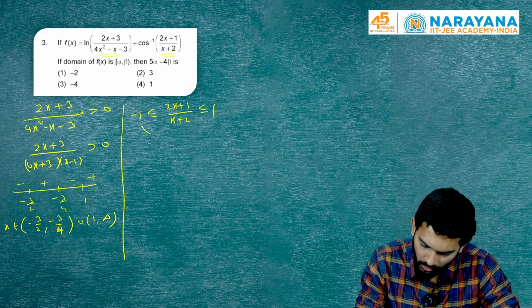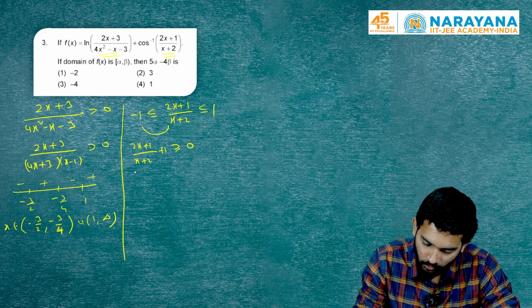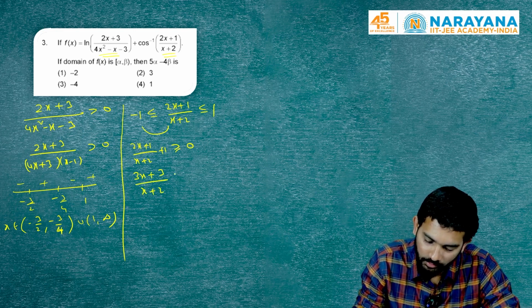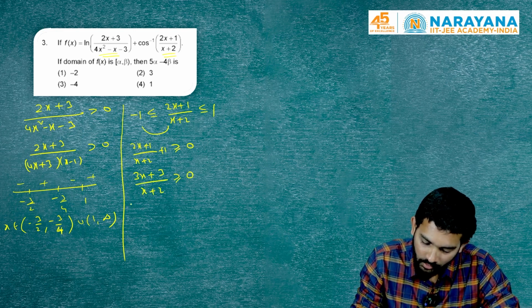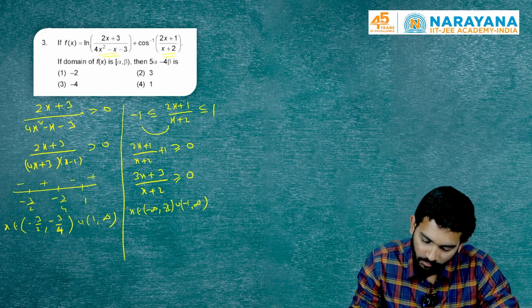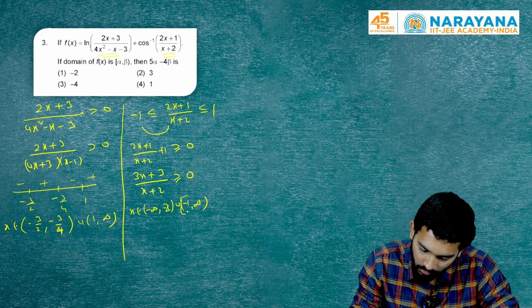Now this side of the inequality, if I solve, it will be (2x plus 1) by (x plus 2) plus 1 greater than or equal to 0, which will be (3x plus 3) divided by (x plus 2) greater than or equal to 0. So I'll get x belongs to minus infinity to minus 2 union minus 1 to infinity. Minus 2 I have to take open, minus 1 I can take closed.